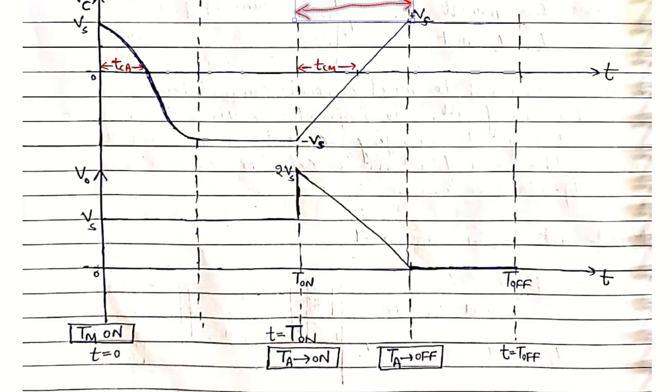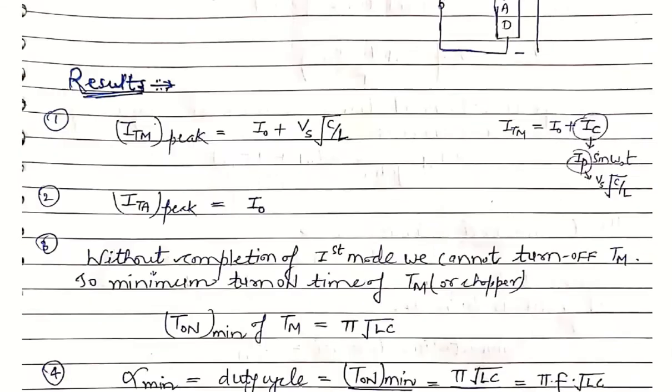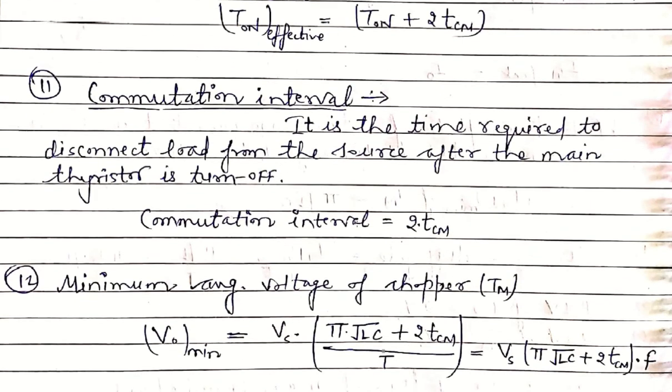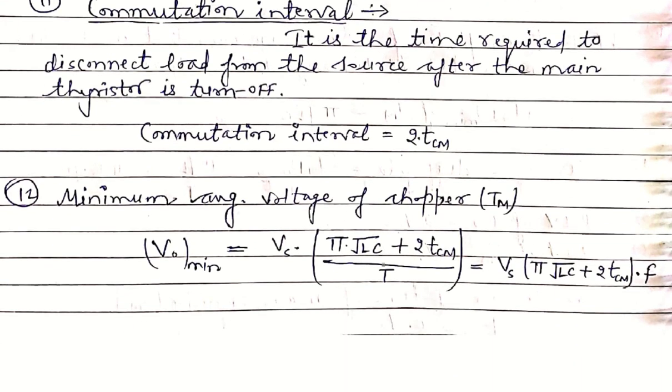Tm will be in off condition up to 2 TCM time. So 2 TCM will be the commutation interval. Up to 2 TCM time, the load will be disconnected from the source side after the main thyristor is in turn off condition.